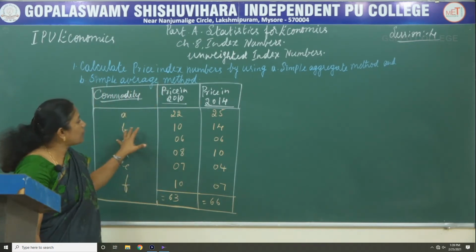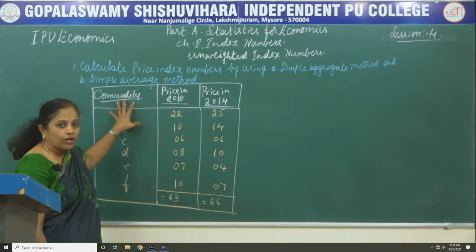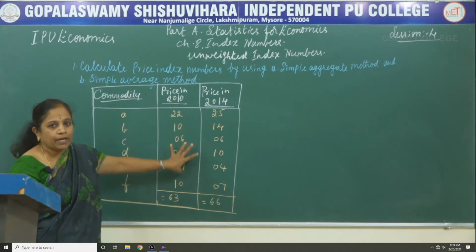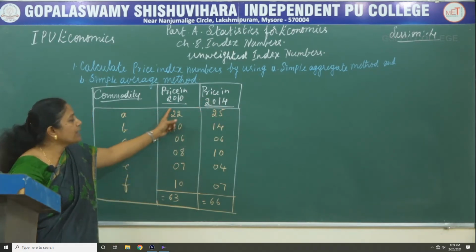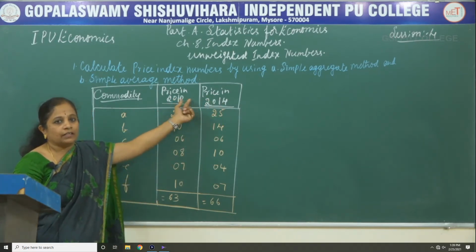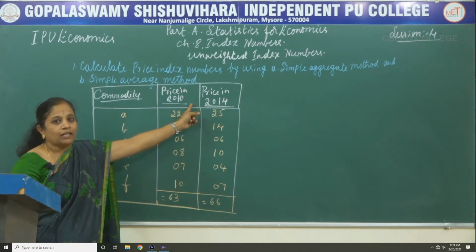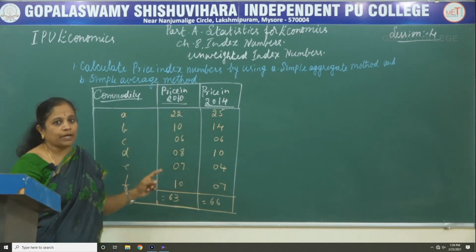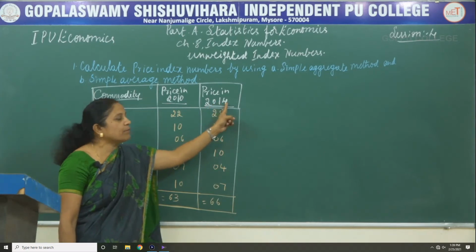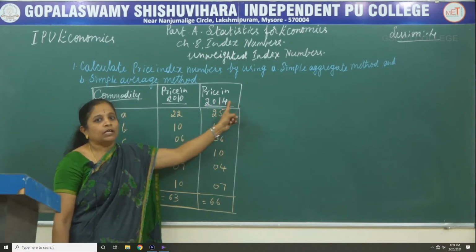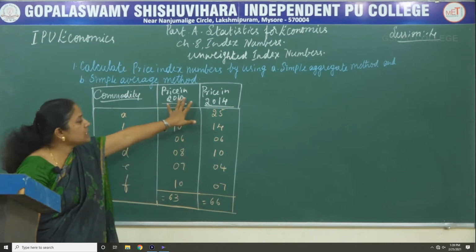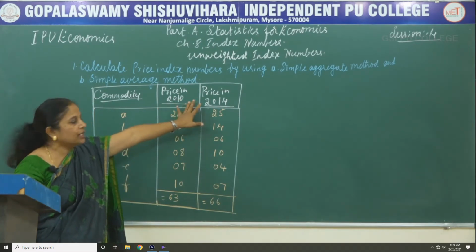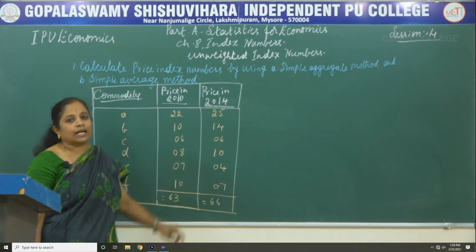In the problem they will give you the commodities, the price of the base year and the price of the current year. Always the lowest number in the year tells you it is the base year, and the highest number in the year tells you it is the current year. So 2010 is the base year here, and 2014 is the current year.